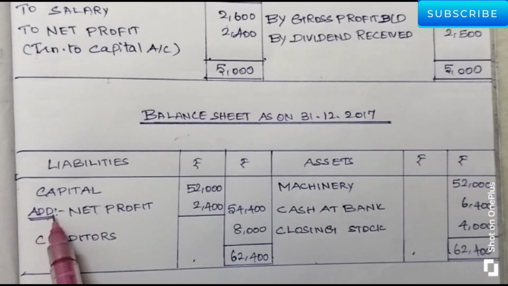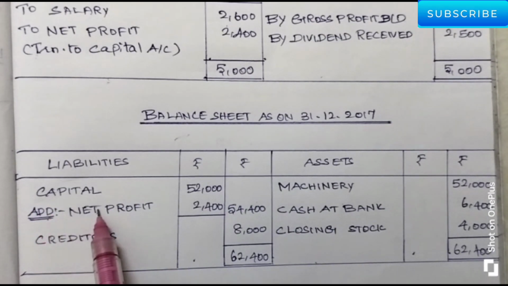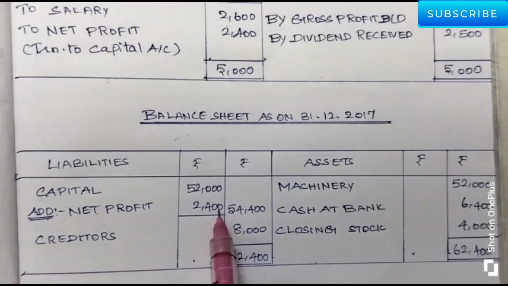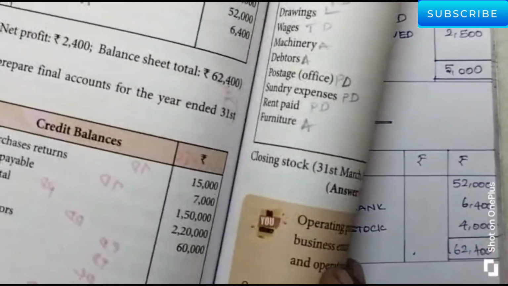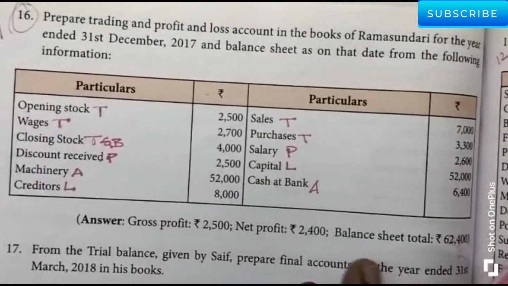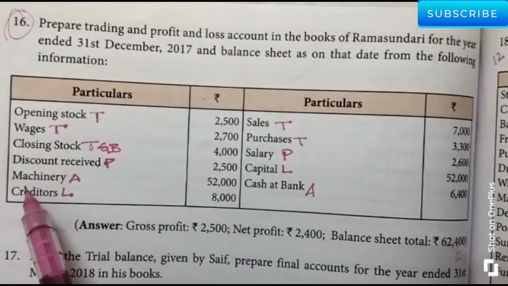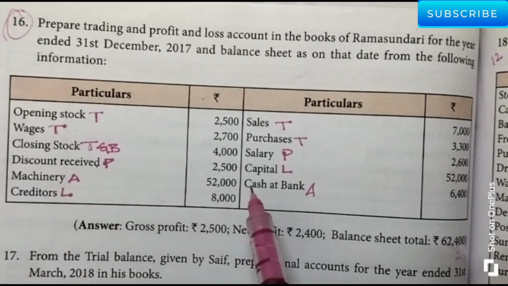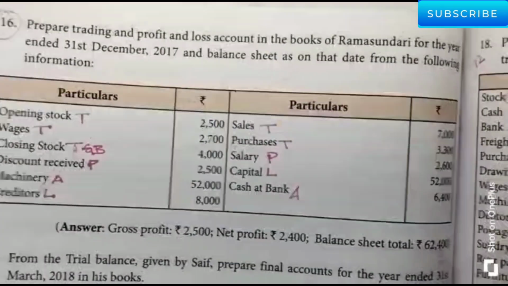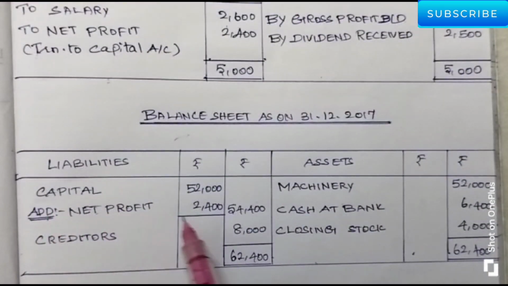So we add 2,400 plus 52,000, we will get 54,400. Listen, here they didn't give us a drawing account, so you have to directly enter the capital account in the outer amount column.